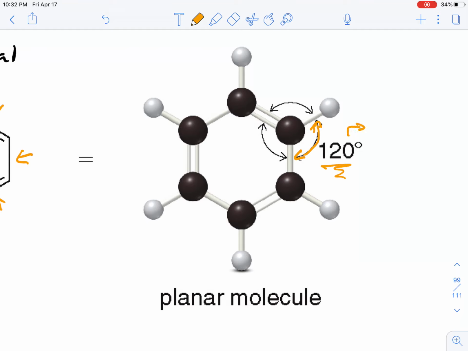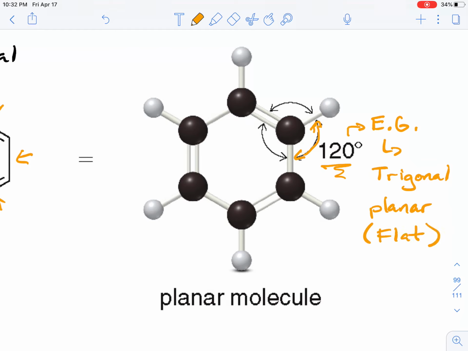And so 120 degrees is referring to the fact that its electron geometry is going to be trigonal planar. And when your electron geometry is trigonal planar, you know that it's going to be a flat molecule.